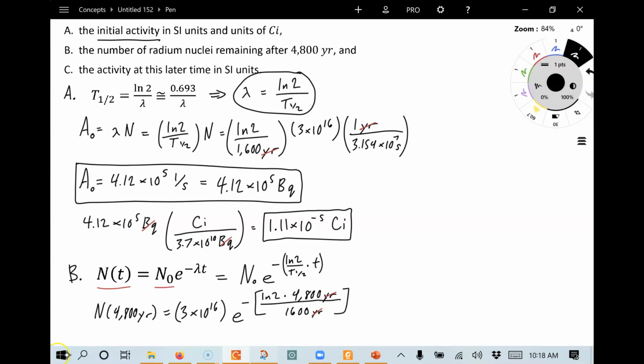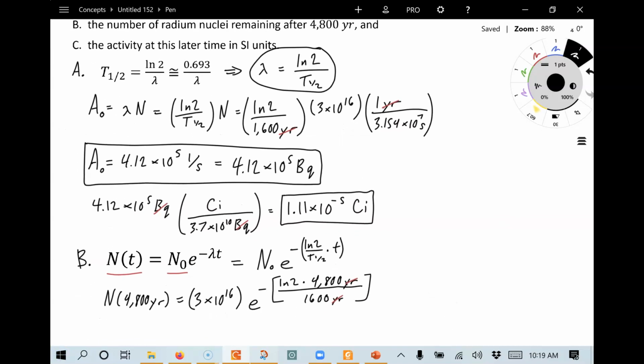We get a value equal to 3.75 times 10 to the 15.